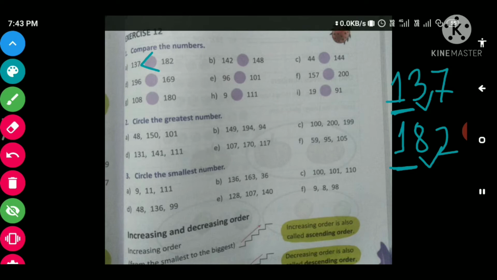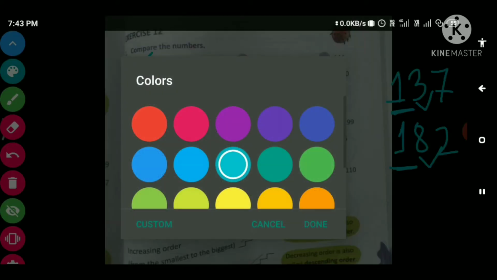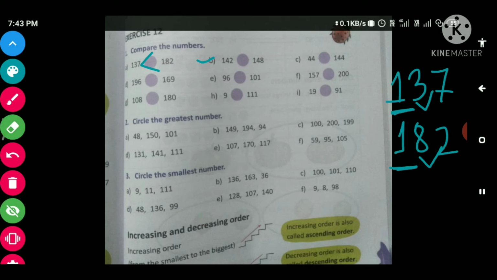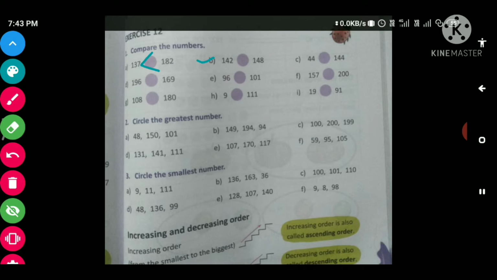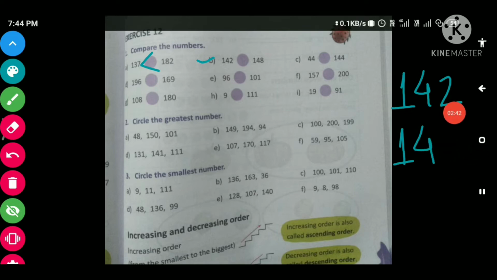Now see the B part. Here 142 and 148 are given, right? So we'll write 142 and 148. Here we'll see the digits. Both have 3 digits. Now we'll see the highest place value. In the 100 place both have 1.